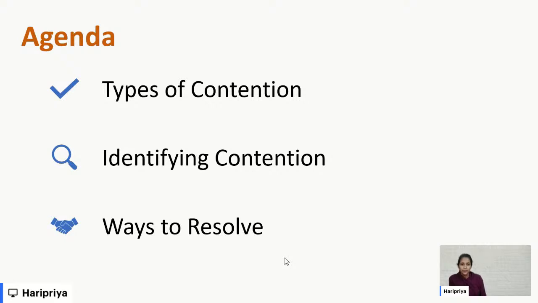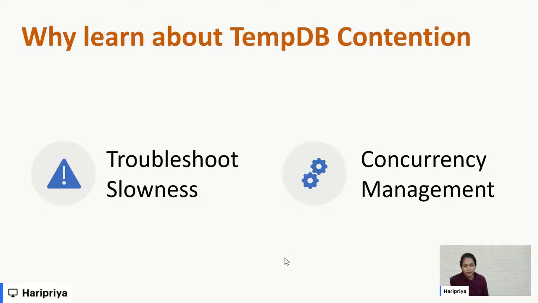So what is the need to learn about TempDB contention? First, you want to address slowness on your system. When there is slowness, and if it's caused by TempDB, you want to know how to address it. To find out and resolve that slowness, you need to understand what TempDB contention is all about.